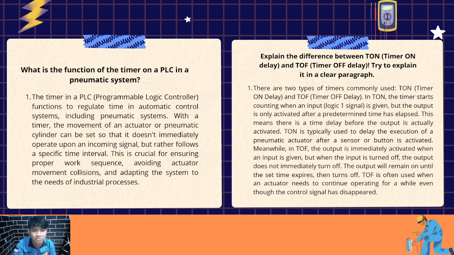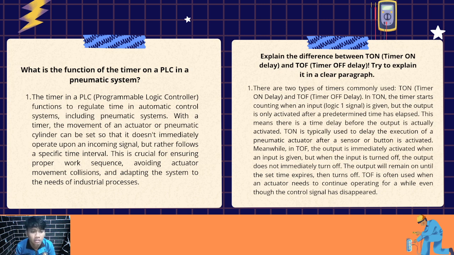What is the function of the timer on a PLC in a pneumatic system? The timer in a PLC, or programmable logic controller, functions to regulate time in an automatic control system, including a pneumatic system.